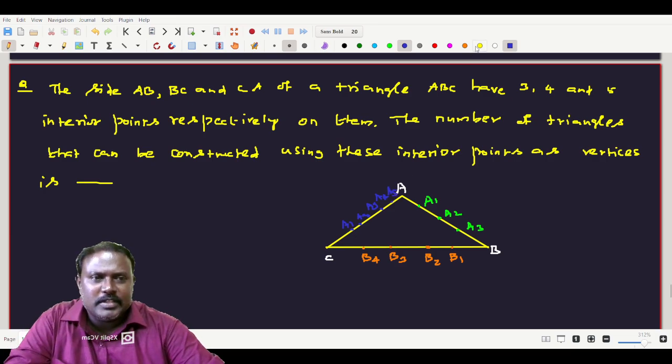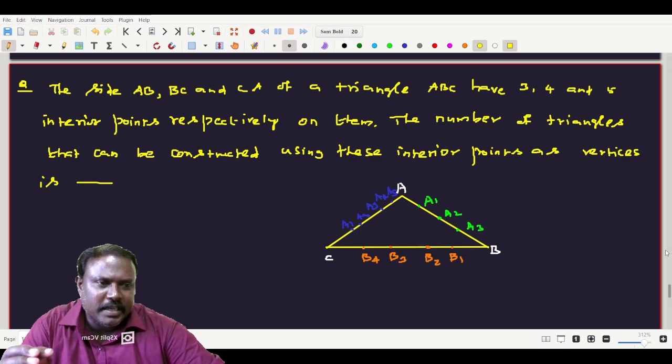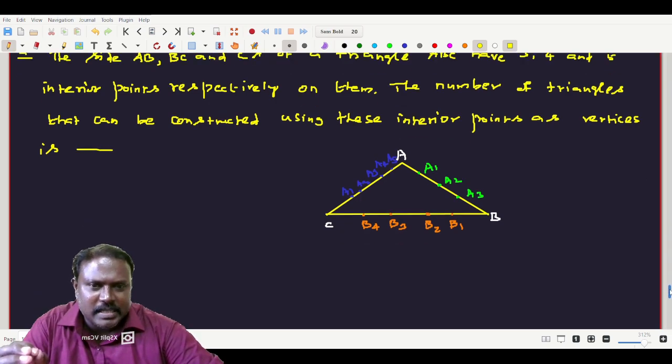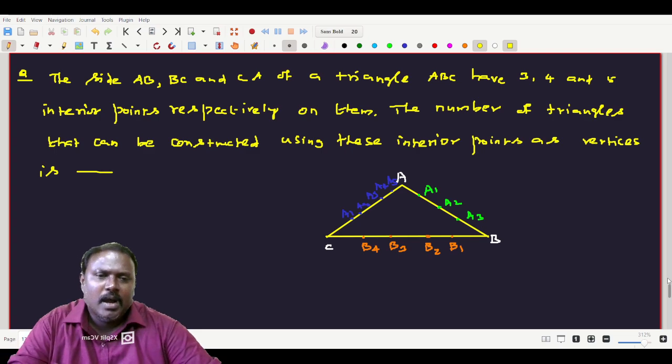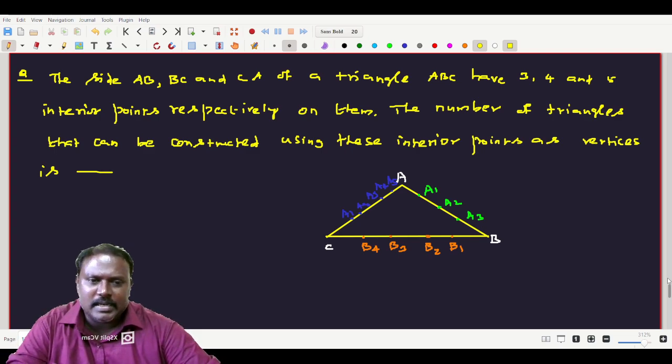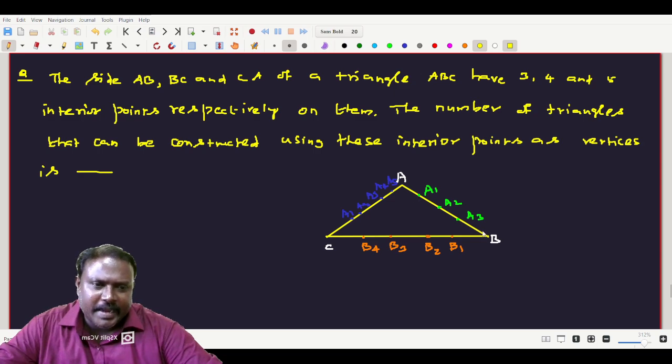Here the question asks for the number of triangles that can be constructed using these interior points as vertices. By using these interior points, how many triangles can you construct? Look along the side AB, I can choose any one of the vertices like A1.